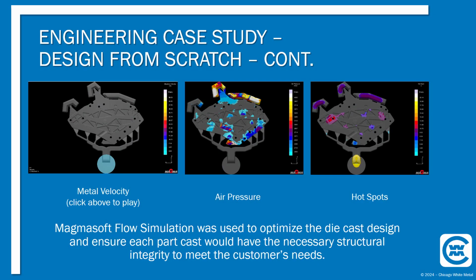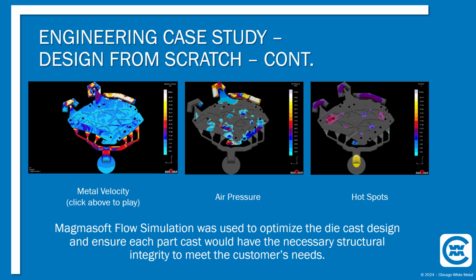So once the design iterations are completed and everybody is happy with what the resulting design looks like, we go through a very detailed flow simulation process where we'll simulate how metal is going to fill the cavity, fill the part, and see how the air gets from one side to the other. So you can see how the metal is flowing through this part, through the different ribbing and other features, and then out into the overflows on the opposite side.